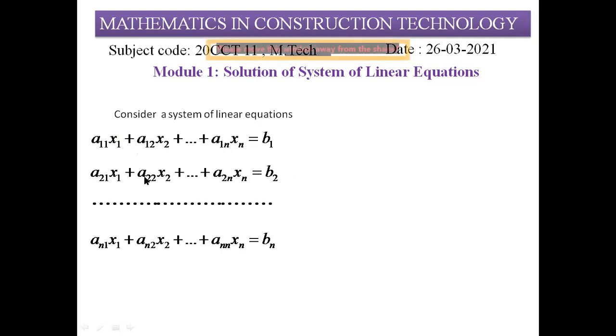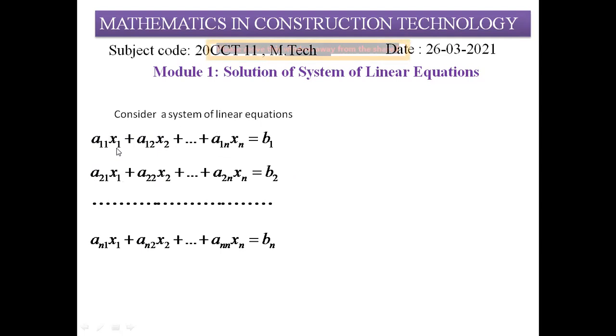Diagonally dominant means in the first equation, the coefficient of the first variable, there are variables x1, x2, etcetera, xn. The first variable is x1 and its coefficient is a11. This should be larger compared to the remaining coefficients of that equation. The remaining coefficients are a12, etcetera, a1n. If I add all these coefficients, that sum should be less than a11.